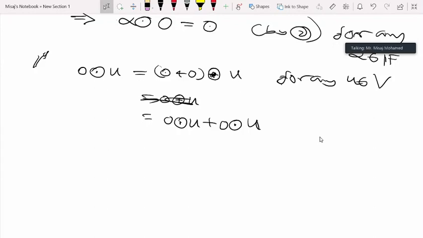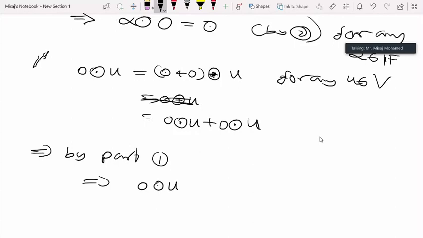Scalar 0 with dot product u. Similarly, now this implies by part 1 that 0 times scalar product u is 0.